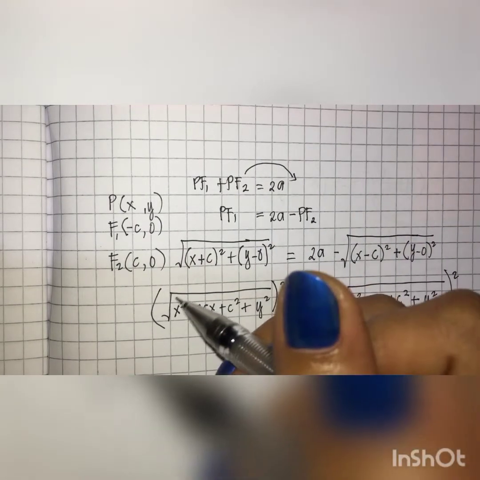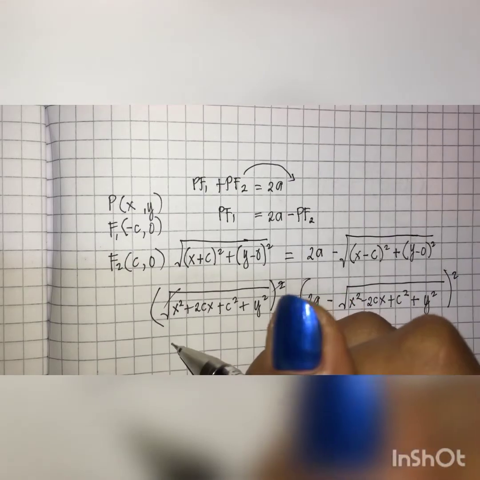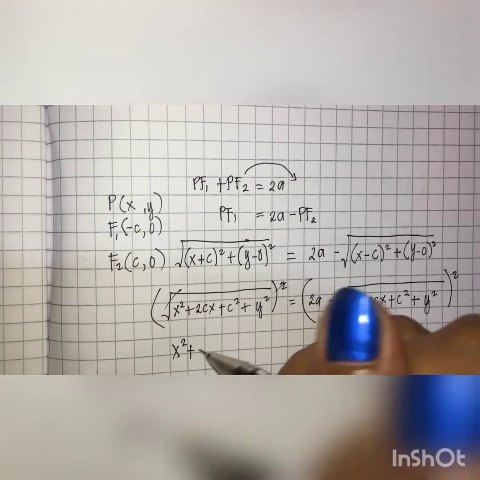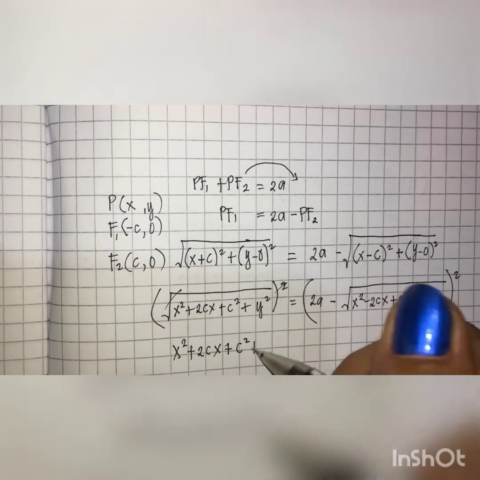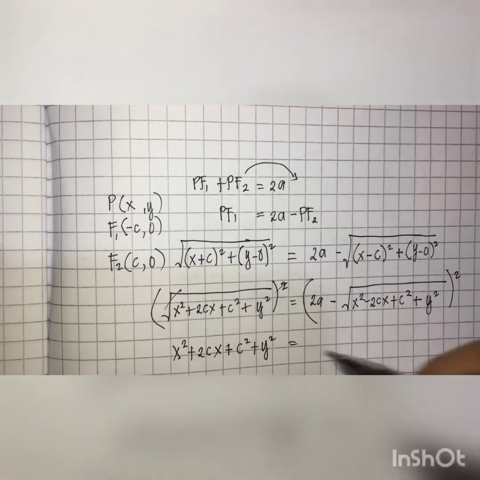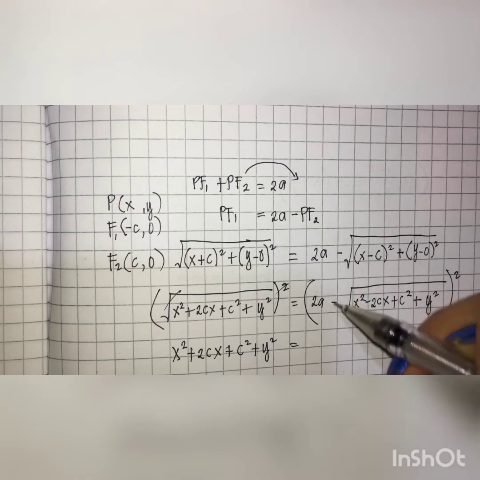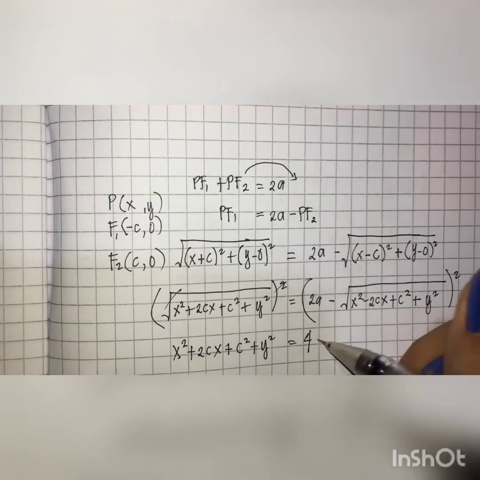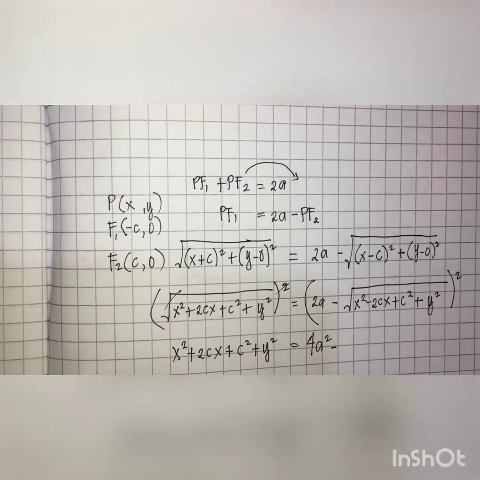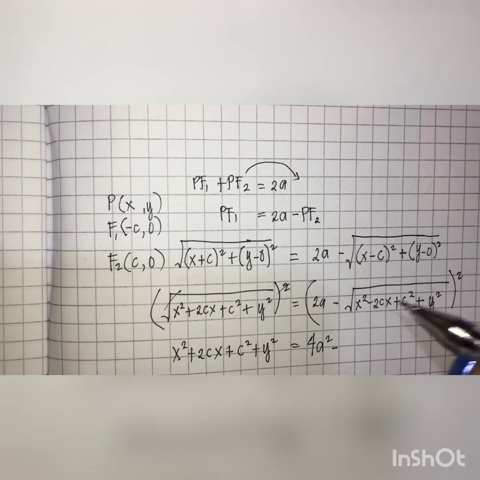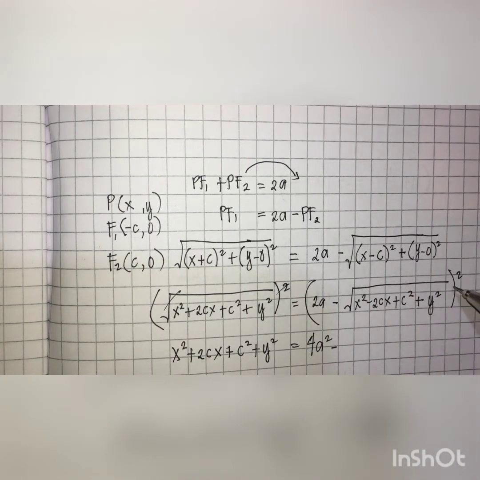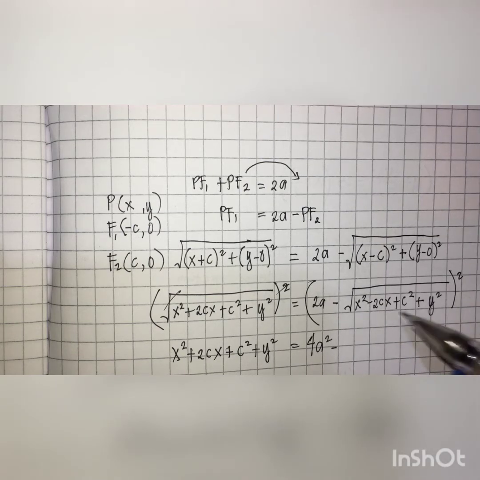Okay, cancel. So we have x squared plus 2cx plus c squared plus y squared plus 2a squared is equal to 4a squared minus 2a times the square root of x squared minus 2cx plus c squared plus y squared times 2.